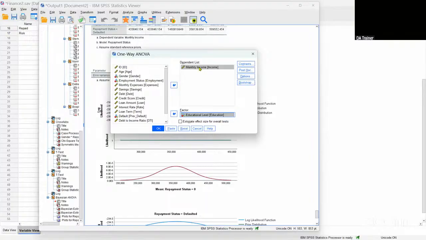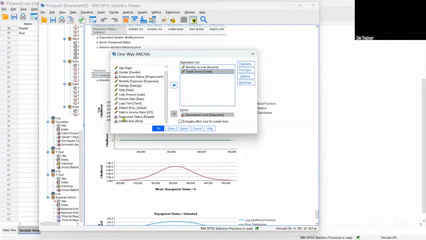Have in mind, monthly income can also take credit score. Let me leave repayment for now.